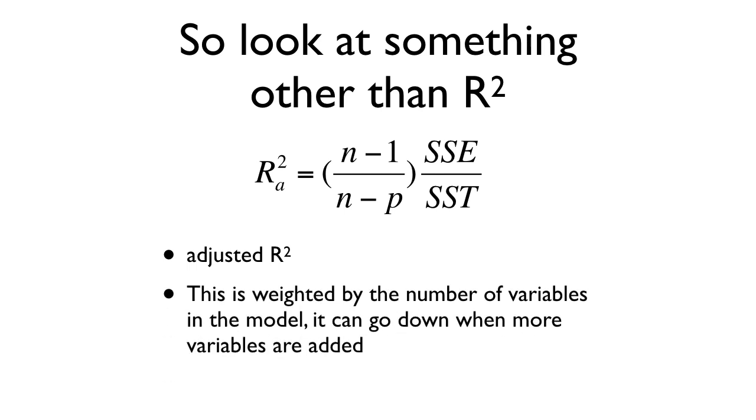It's weighted by the number of variables in the model, so it can go down when more variables are added, if not very much is explained. So on a very simplistic level, one of the things we're going to look at is adjusted R squared. Okay.